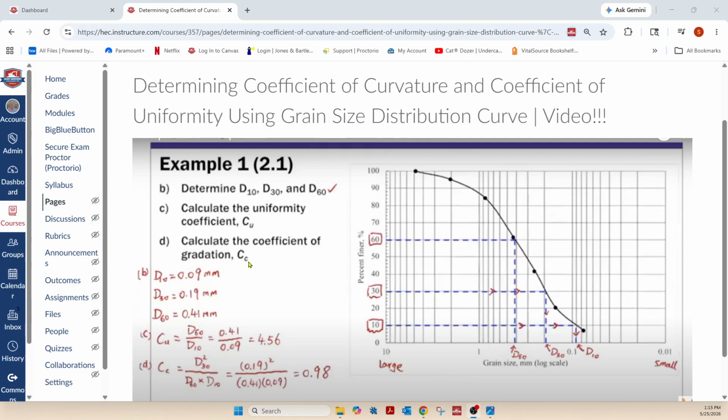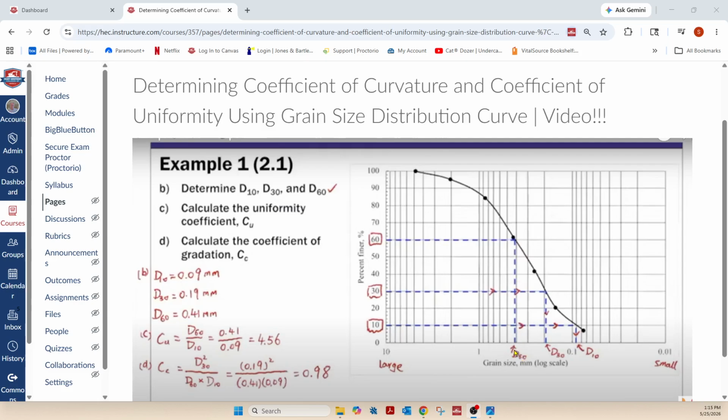Let's look on the video to see where that comes from. Here's 60% passing. I'm going to draw a straight line over to the particle distribution curve, and when it touches that curve, I'm going to drop straight down to the particle size.